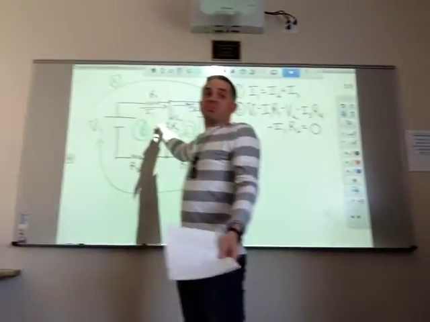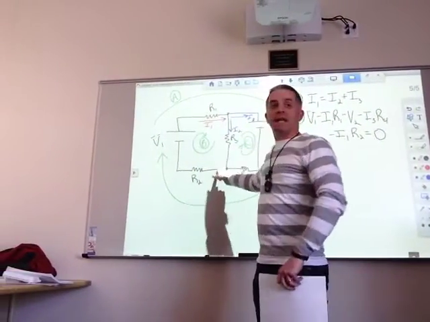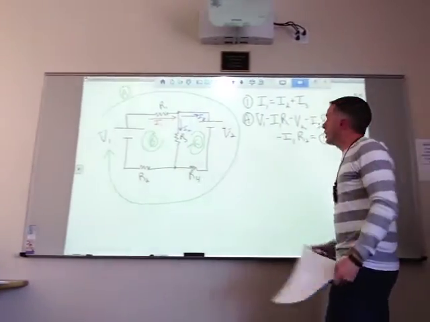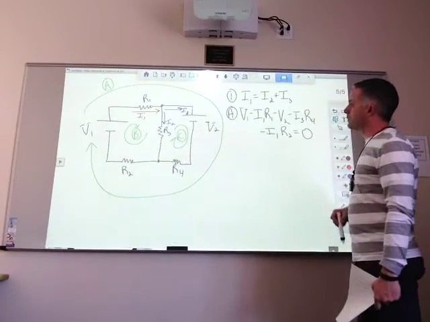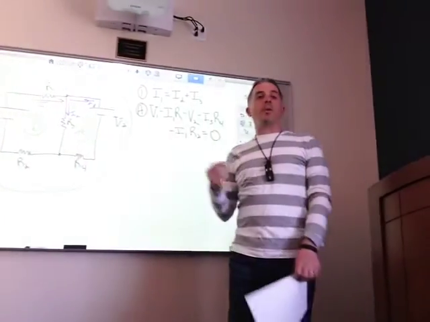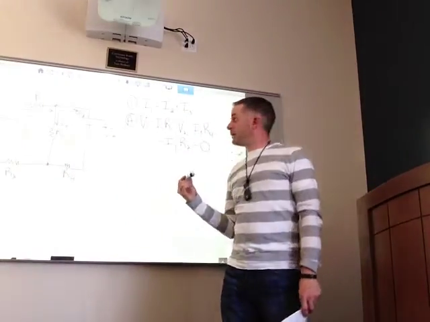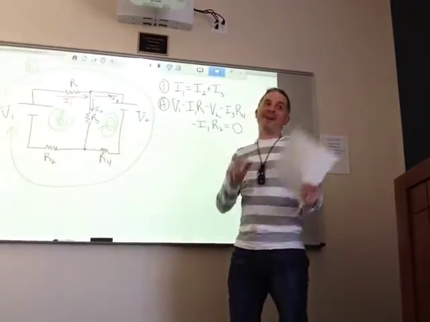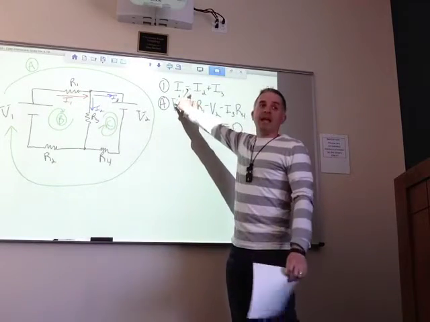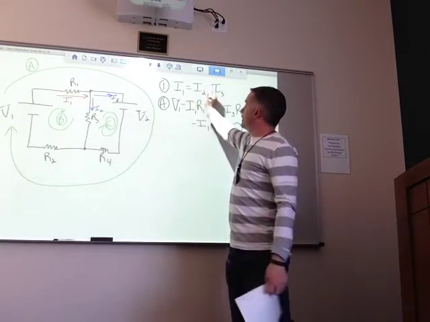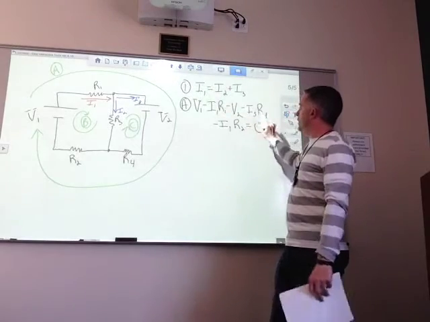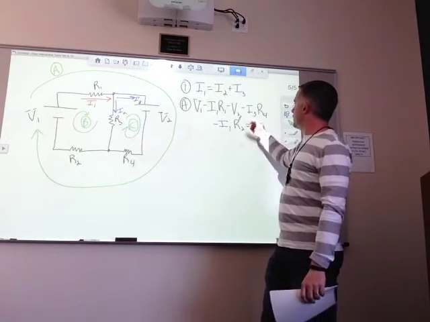I3 is not in loop A, so who cares? Now, if you really wanted to get crazy, and you may have to later, you could take this information and put it in terms of your different I's.